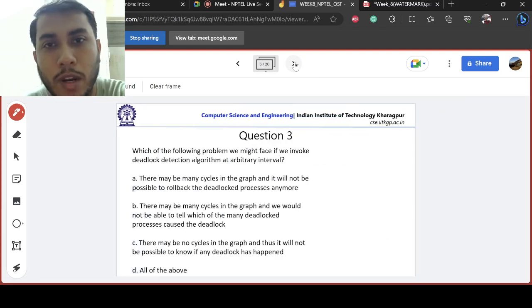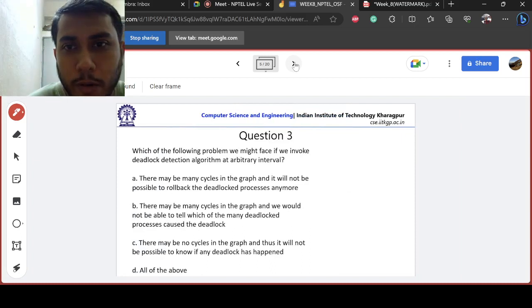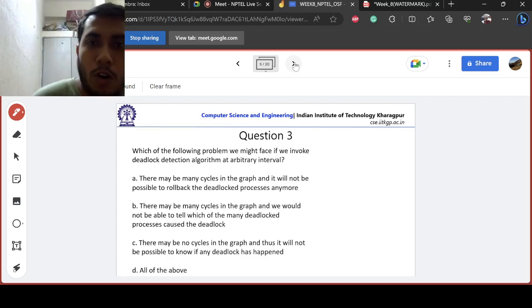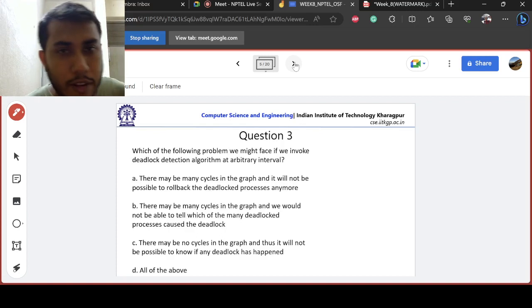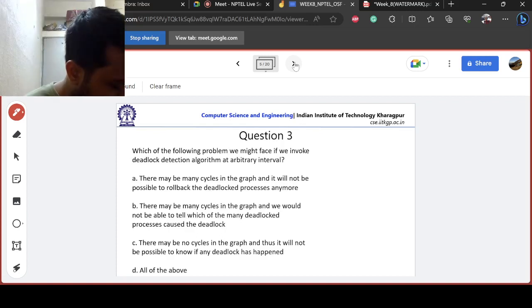Which of the following problems might we face if we invoke the deadlock detection algorithm at arbitrary intervals? Option A: there may be many cycles in the graph, and it will not be possible to roll back the deadlocked processes anymore.